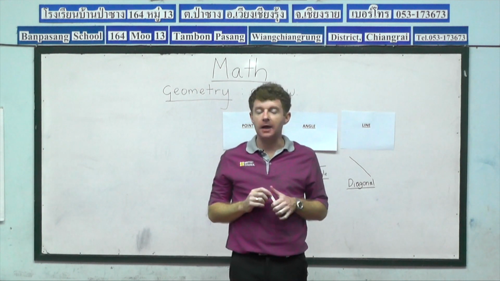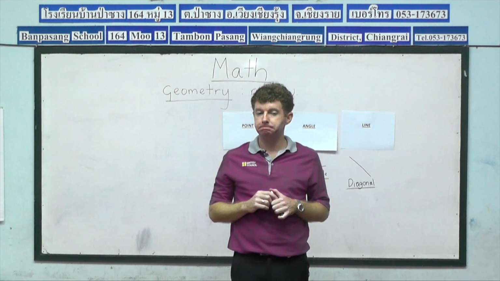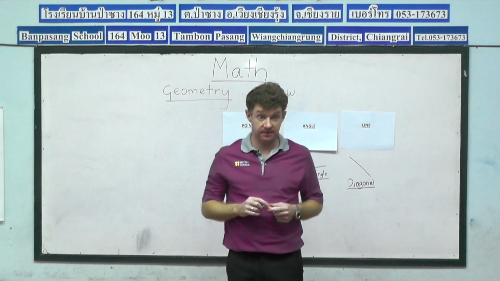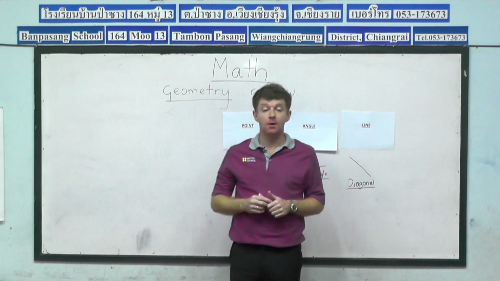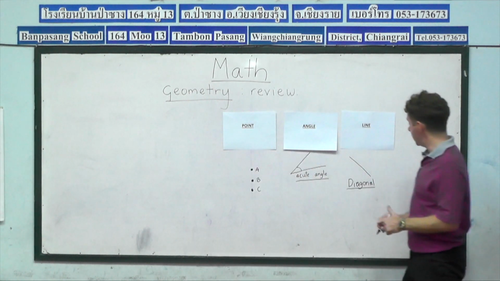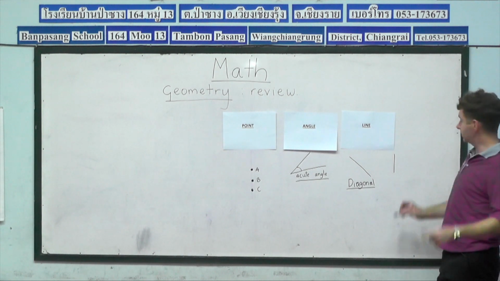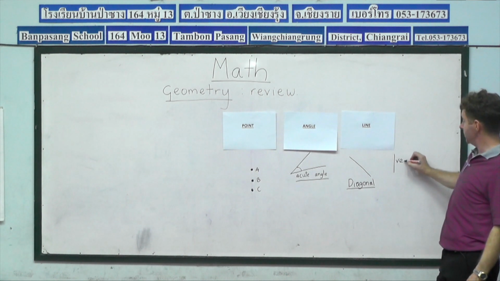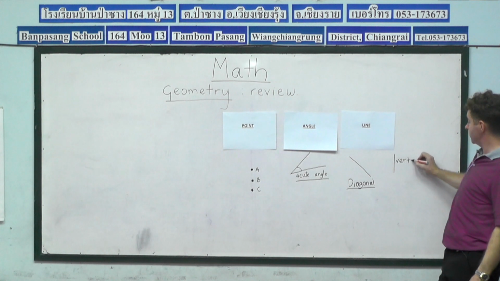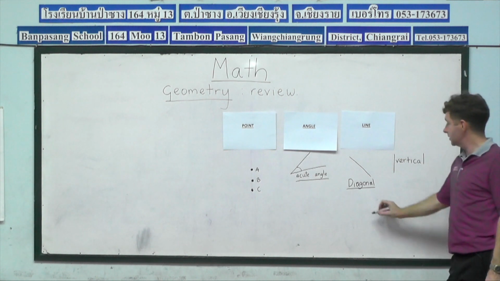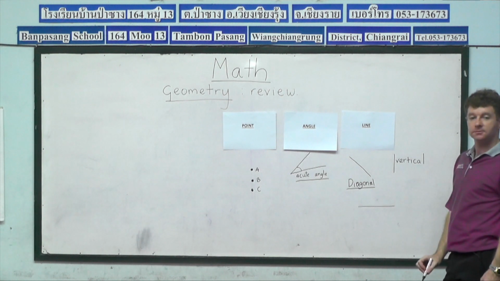Who can tell me another type of line? Intersecting, yes, that's another one, and we'll see it soon. But how about if I draw a line like this? Vertical. V, E, R, T, I, C, A, L. And how about one going across?